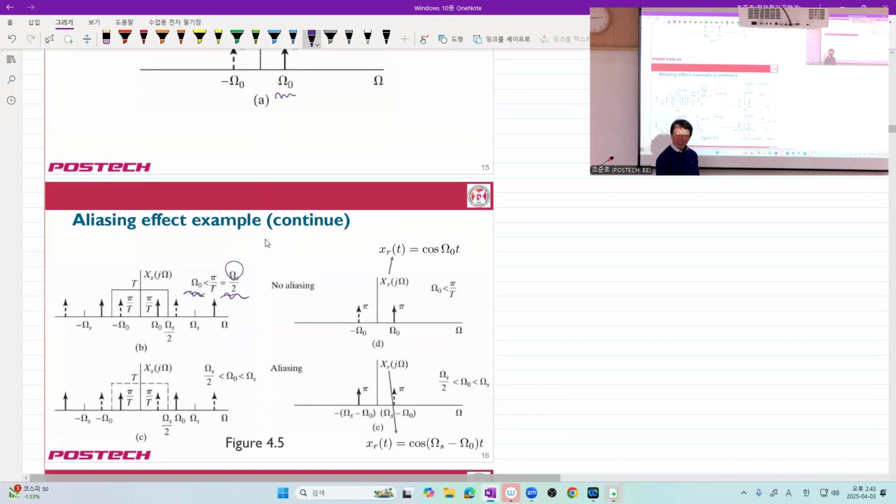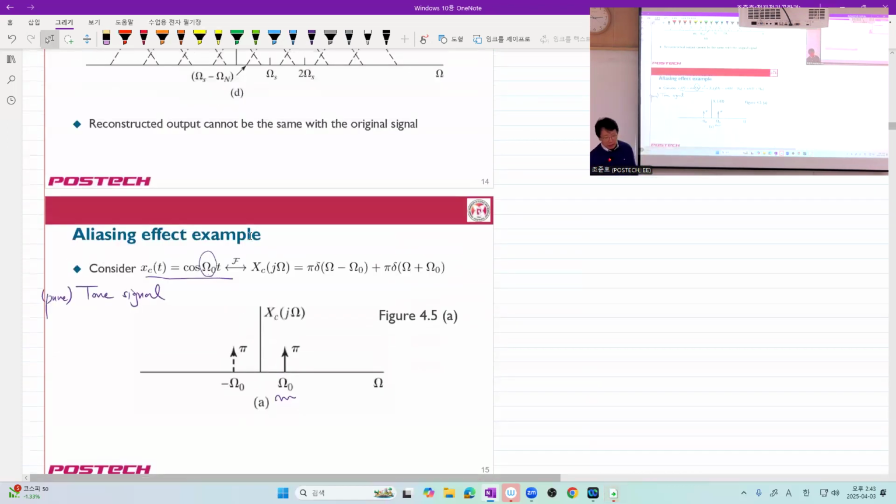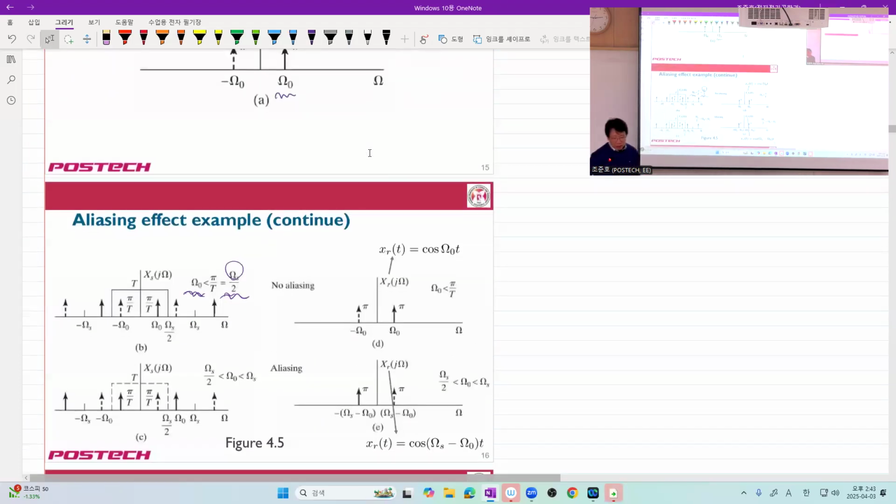But as I told you, something bad happens if you put equality here. And as I told you, the theorem does not apply to this signal actually, because it's an infinite energy signal. That's why the authors wanted to circumvent that trouble by not putting the equality here. Got it?